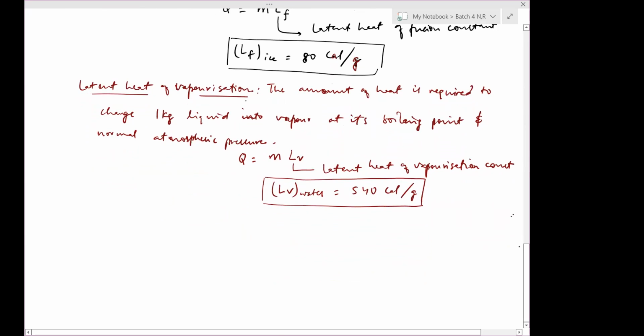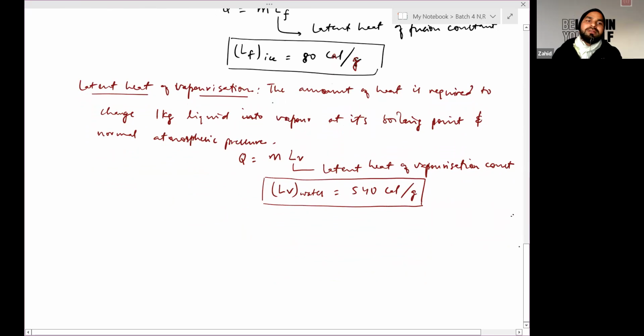The heat applied is utilized in breaking bonds to convert the substance from one state to another. That's why there is no change in temperature. It will remain the same. So it is called latent heat or hidden heat. Is it clear?